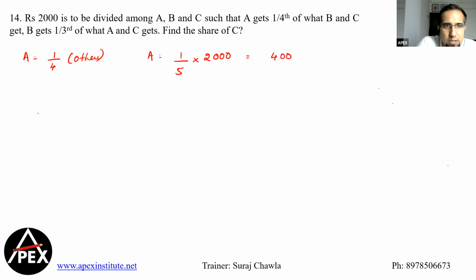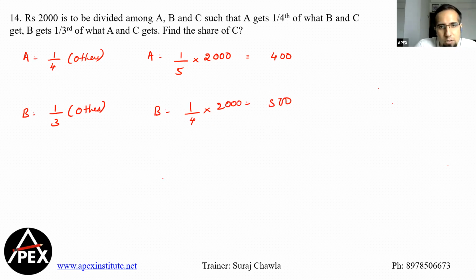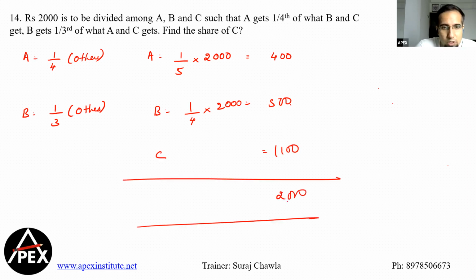Similarly, if B is equal to 1 by 3 of others, then B is equal to 1 by 4 of total. 1 by 4 of total will be 1 by 4 of 2000, and that's going to be how much? 500. Total is 2000. So 400 plus 500 is 900. So C gets 1100. And that's how I get total as 2000. Is this point clear with all of us?